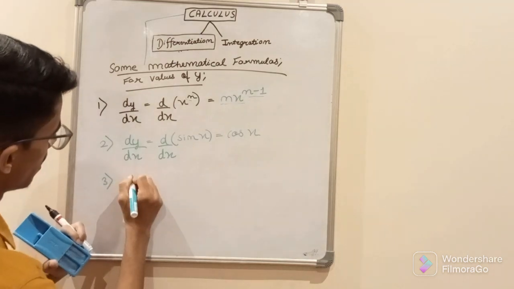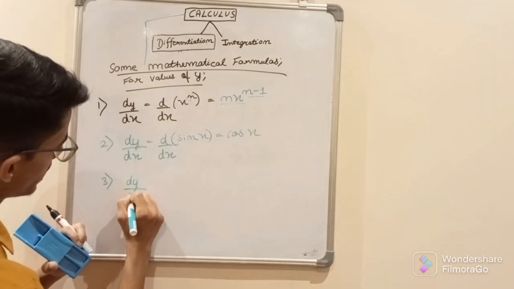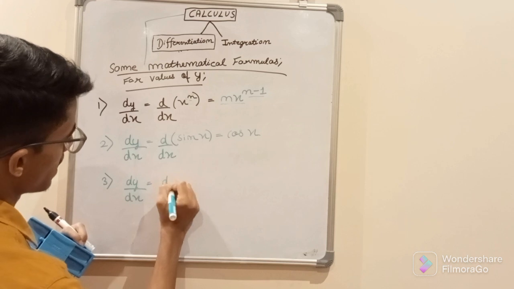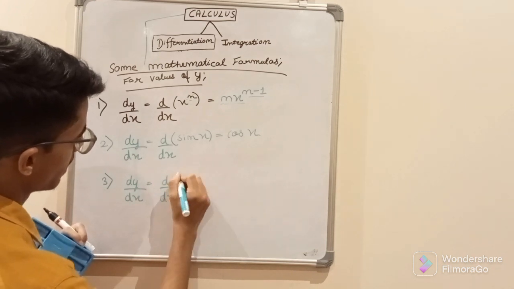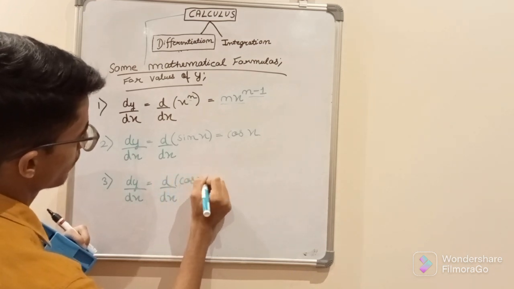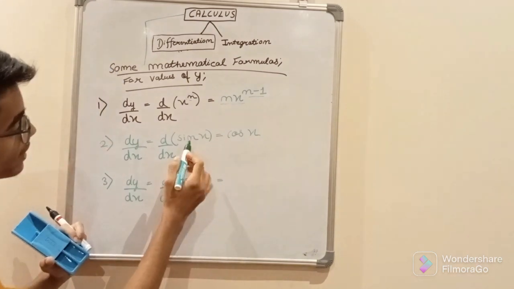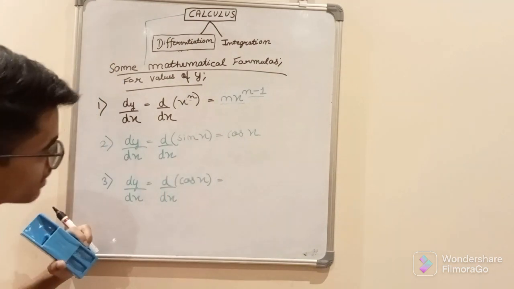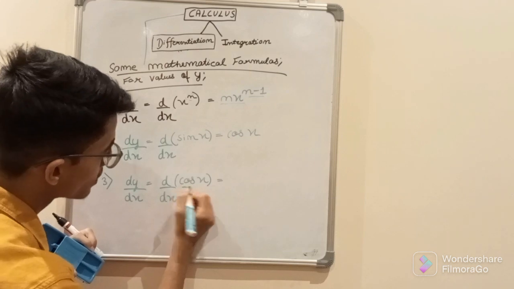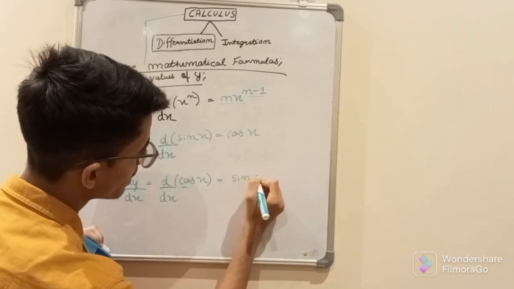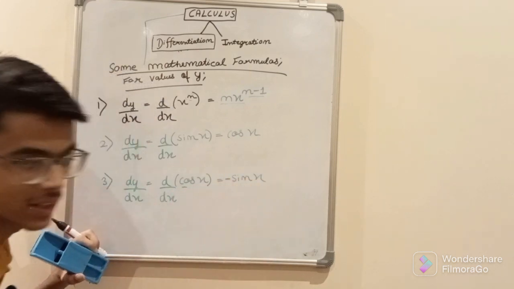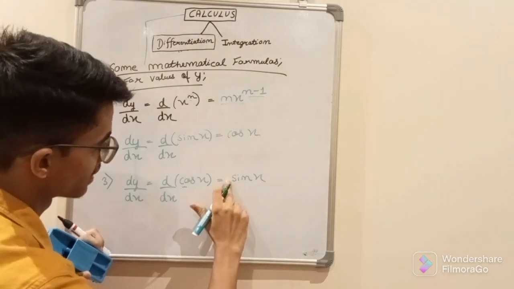Third, dy by dx, that is d by dx, and let's say we have cos x. Now the differentiation of sin x is just cos x, but the differentiation of cos x is not just sin x, it's negative sin x, minus of sin x.